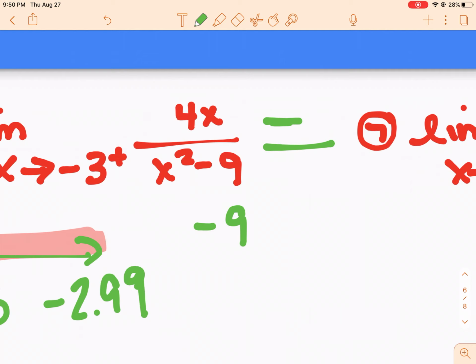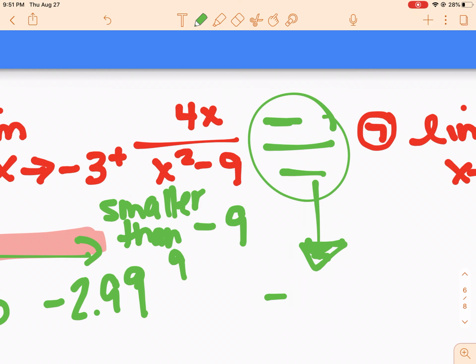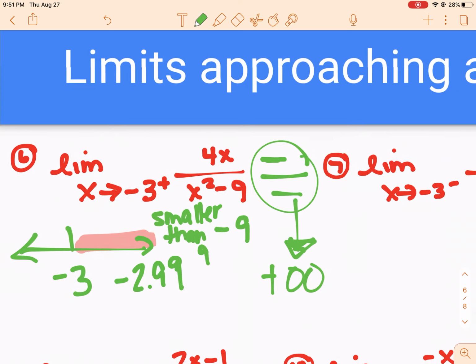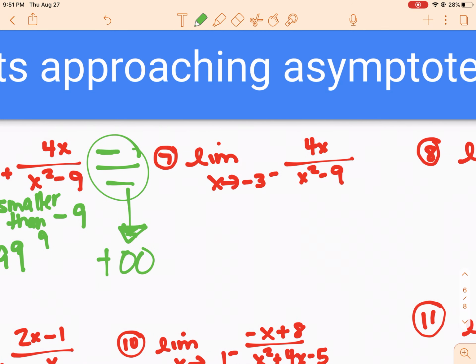So I don't know how to, well, I can write this. Smaller than 9 minus 9, which means it's going to be negative. So all in all, this is going to turn out to be positive infinity because a negative divided by a negative is a positive.